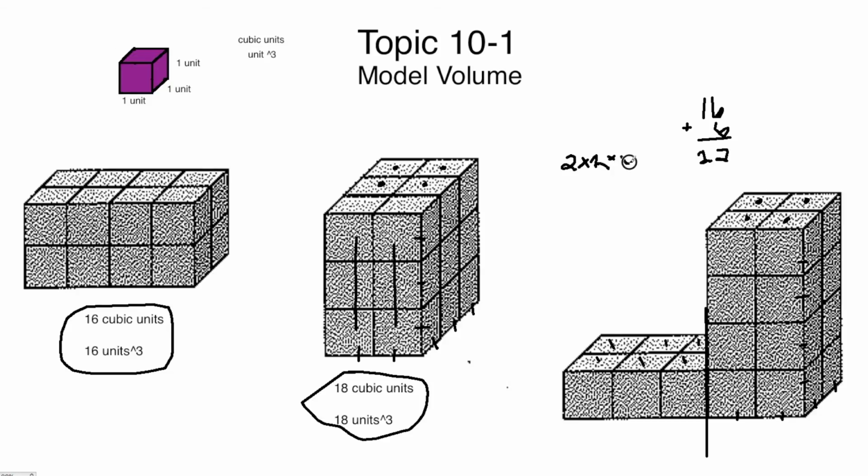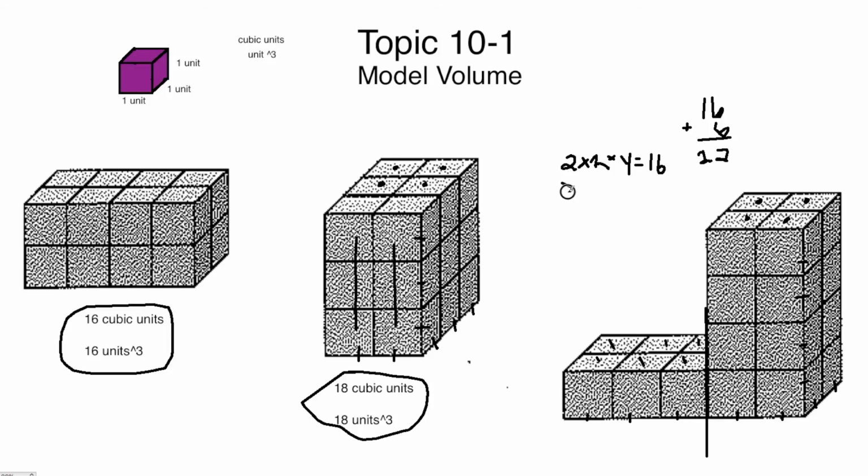That equals 2 times 2 is 4. 4 times 4 is 16. Then I'm going to go 1, 2, 3.